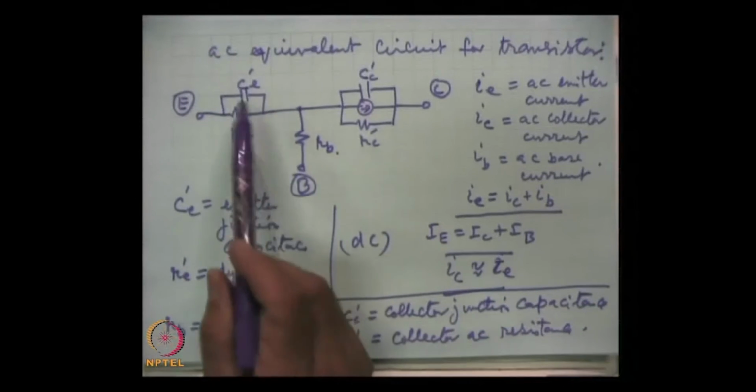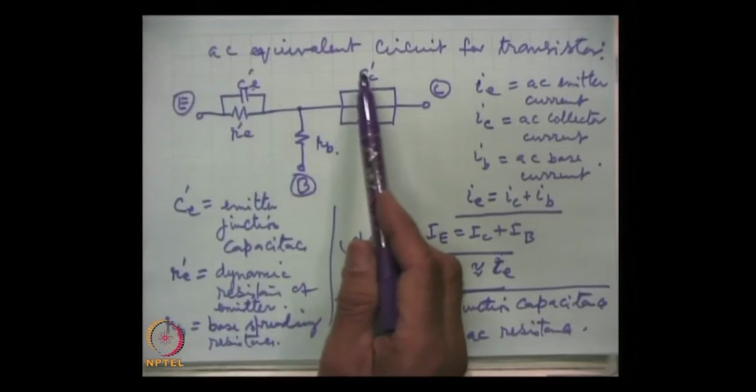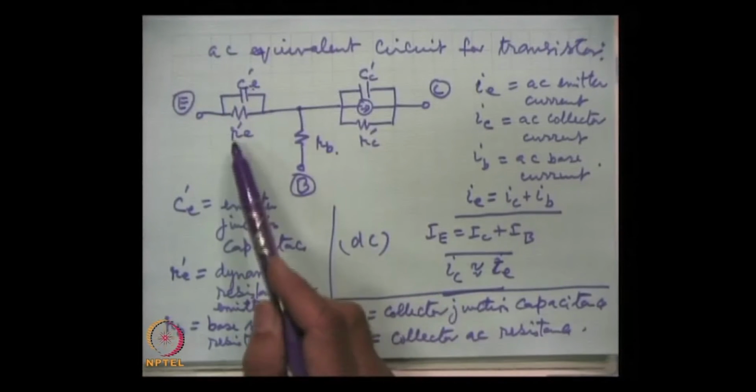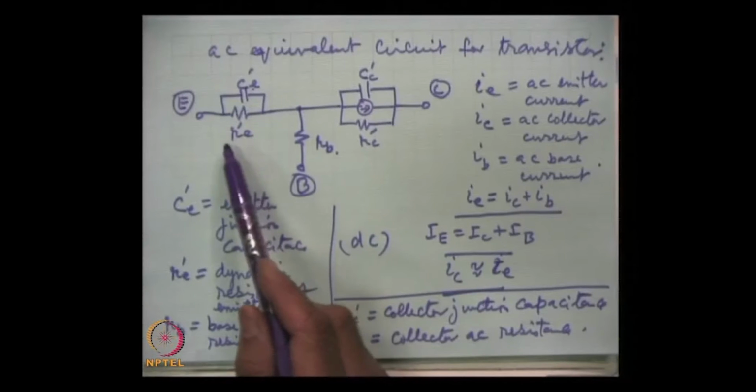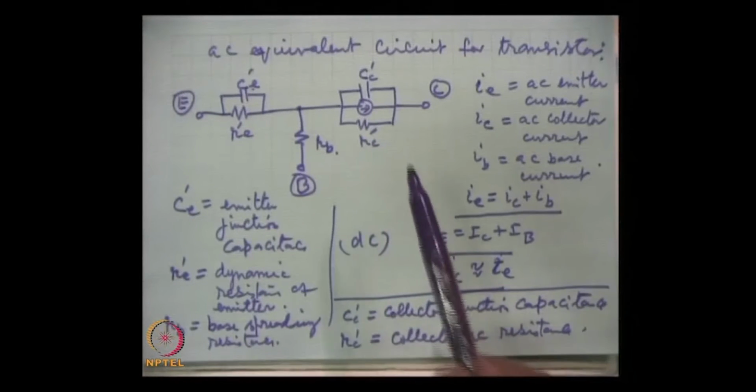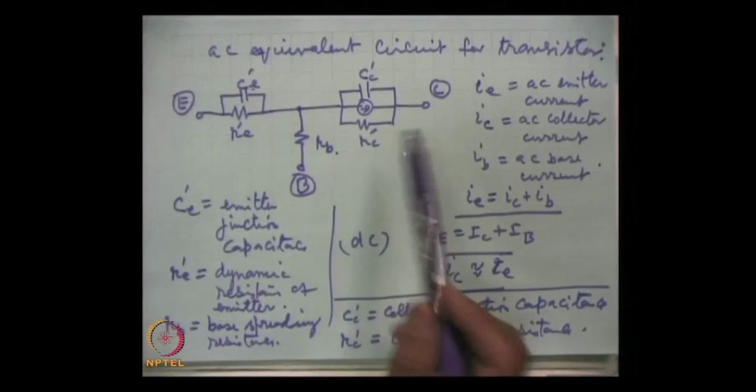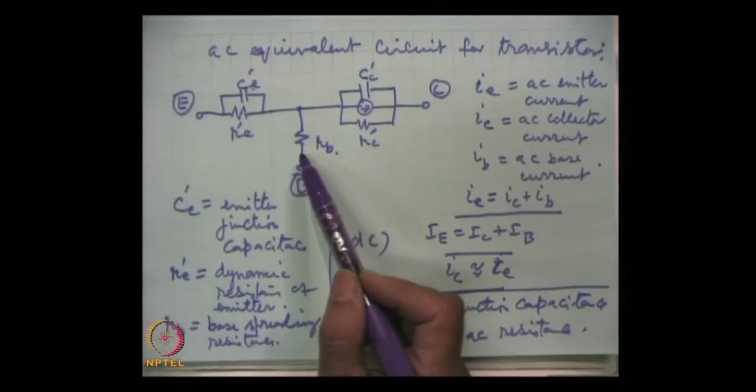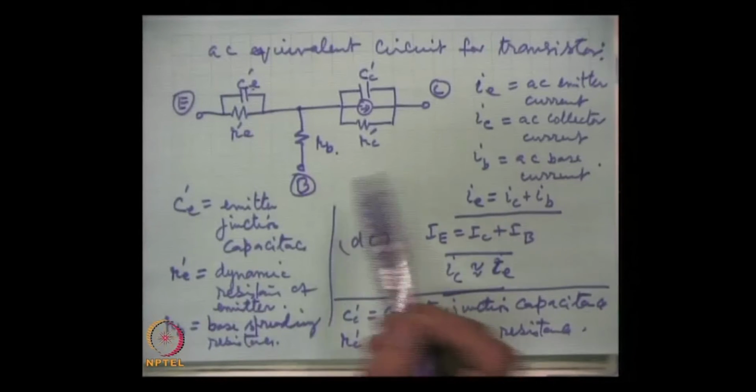So, this is emitter junction capacitance, collector junction capacitance, this is dynamic emitter resistance, this is the effective collector AC resistance, and this is the base spreading resistance.